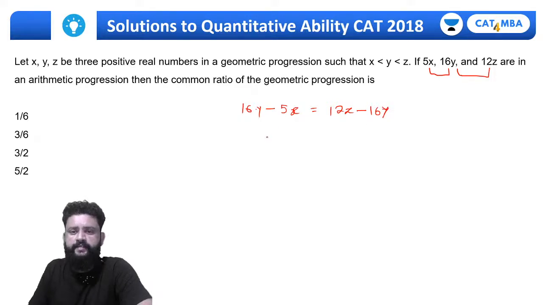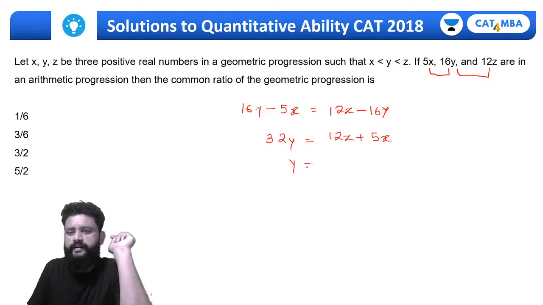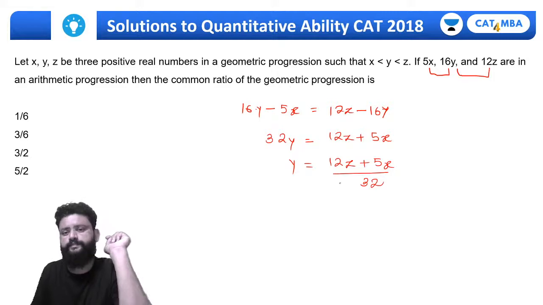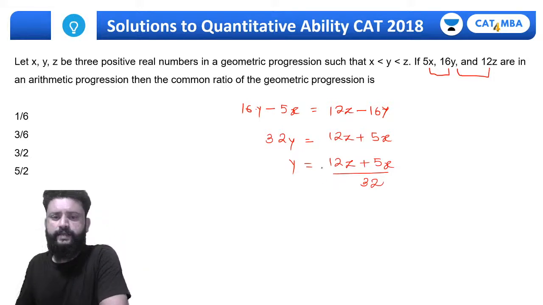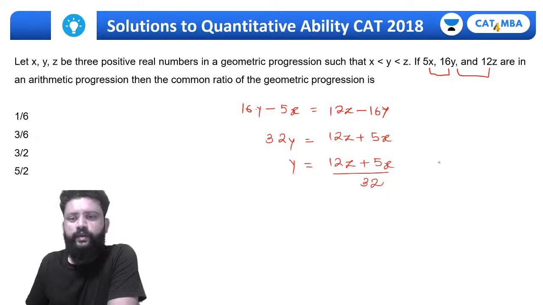I get 32y is equal to 12z plus 5x. Or simply you can keep 32y, whatever you want.